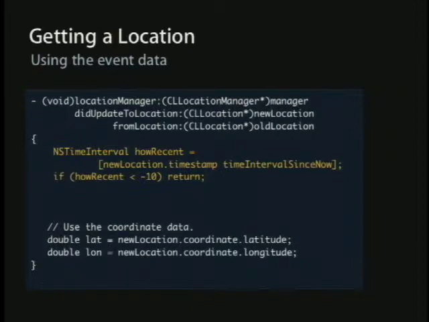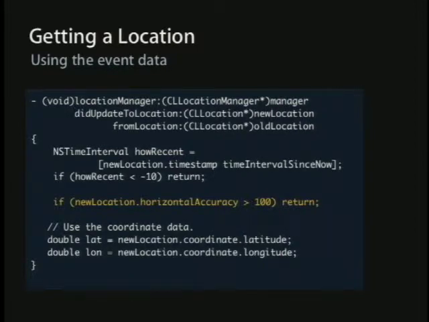That'll tell you how long it's been, as an NSTimeInterval, since that location notification was generated. If you wanted to find out how long it was between them, you could get newLocation.timestamp and oldLocation.timestamp and get the difference. This just tells us how long it's been since that new location timestamp was generated, and in this case we're going to filter out ones that happened within some period of time. But you could do other things with that, like find out how long you've been in one spot.